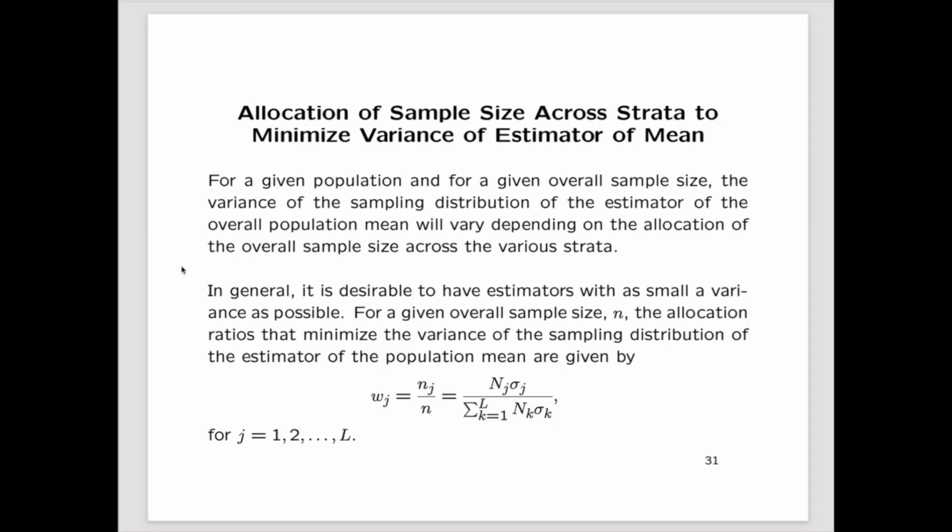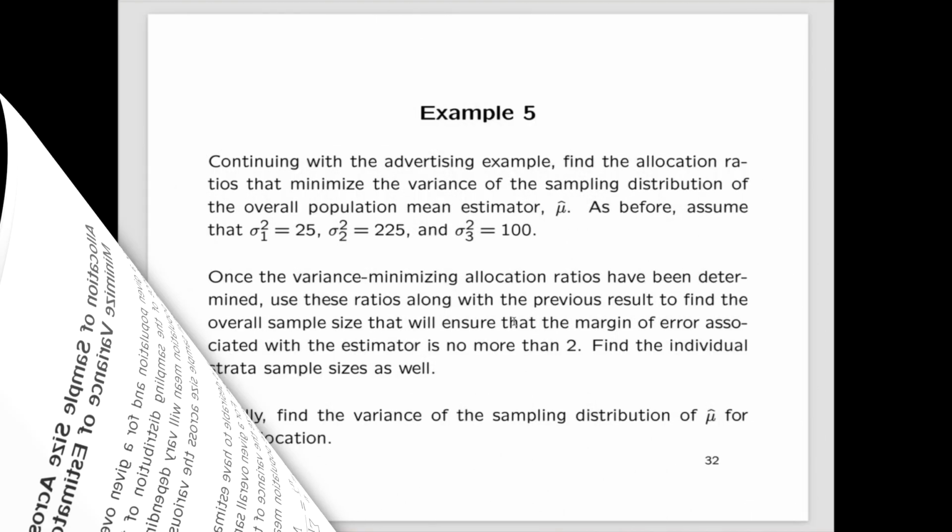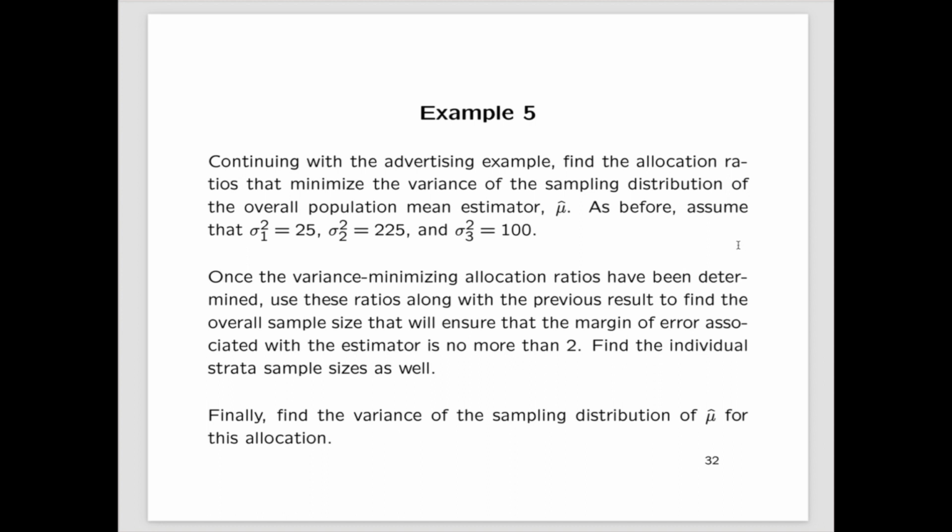For a given overall sample size, little n, the allocation ratios that minimize the variance of the sampling distribution of the estimator of the population mean are given by the formula here on slide 31. And so this is showing us how to come up with allocation ratios that are optimal in the sense that they provide an estimator that has the minimum variance possible. All right, so let's look at the next example.